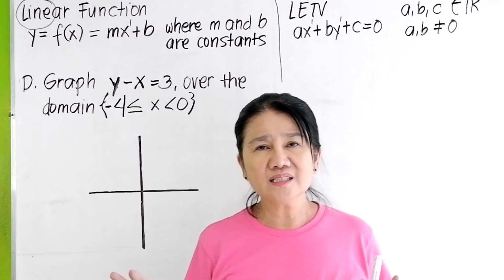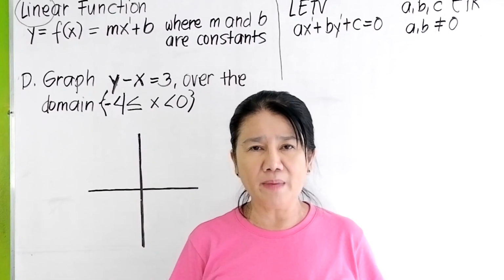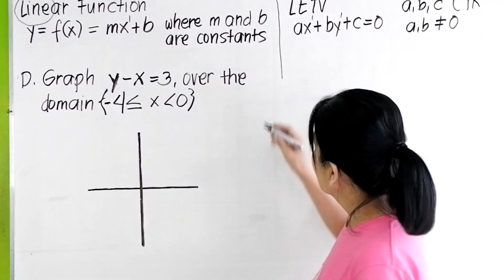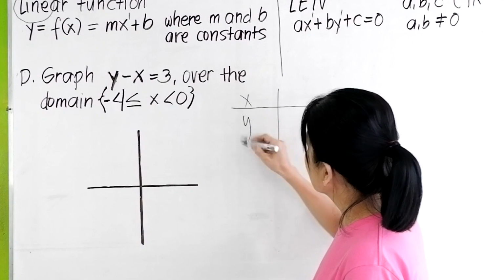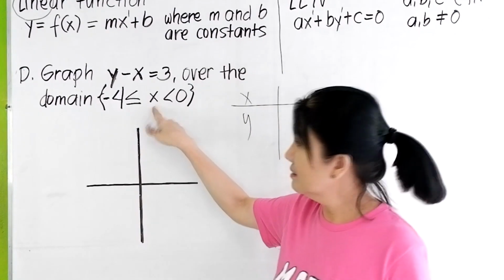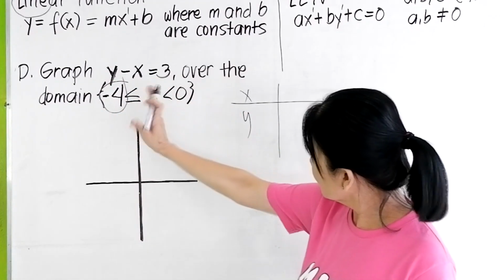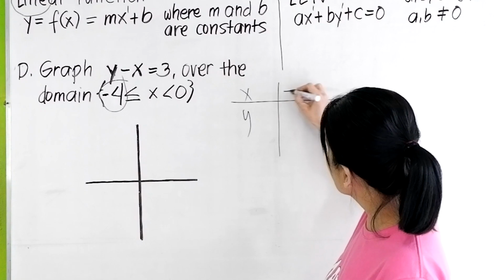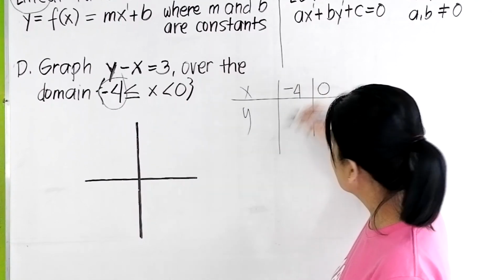If you're asked to graph a linear equation in two variables over the domain, then when you assign values for x, you get the values at the end. You let x be -4 and you also let x be 0.